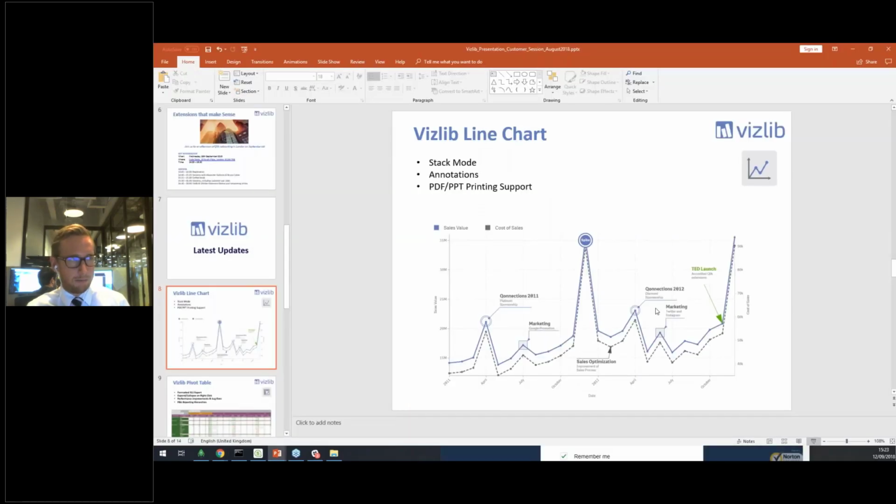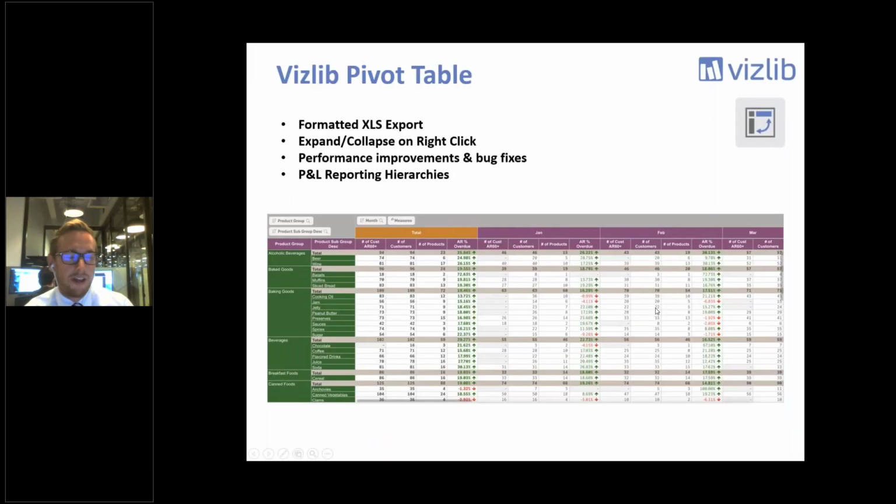So with this, I'm continuing with the Vizlib Pivot Table. It was released in July, and ever since, we did a lot of changes. Naturally, when we release a new extension, we kick it out relatively limited in features to see the responses, and then we focus intensely on bringing out a good second version.